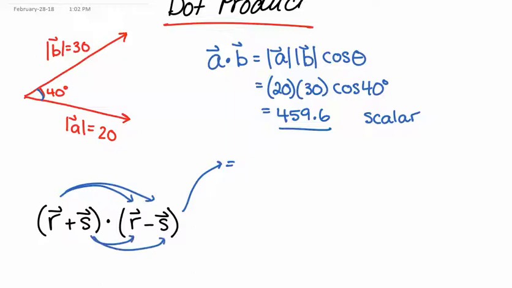to expand. So I'm going to do vector r dot vector r. Then my next one, vector r dot vector negative s, so that'll be minus vector r dot vector s. Then this one's going to be plus vector s dot vector r.